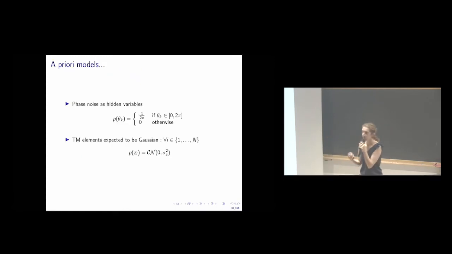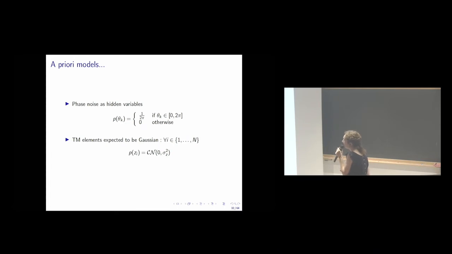Then I need some prior models. That's easy for the phases because I don't know anything about them. I didn't observe them. So what I can just say is that they are in an interval between 0 and 2 pi.